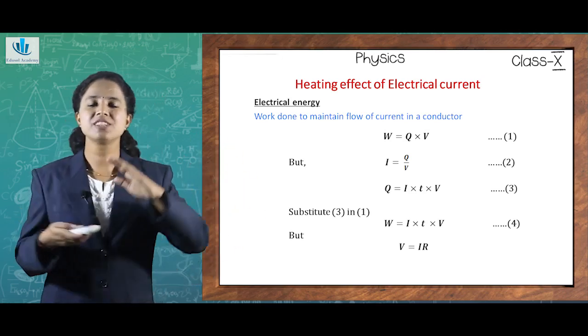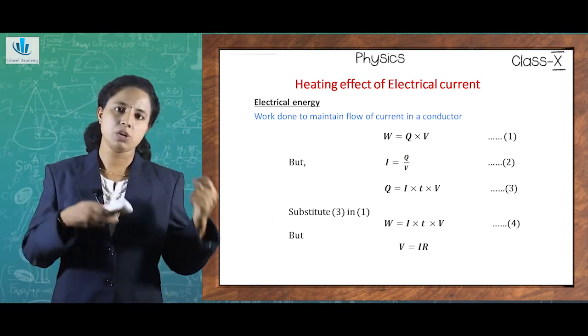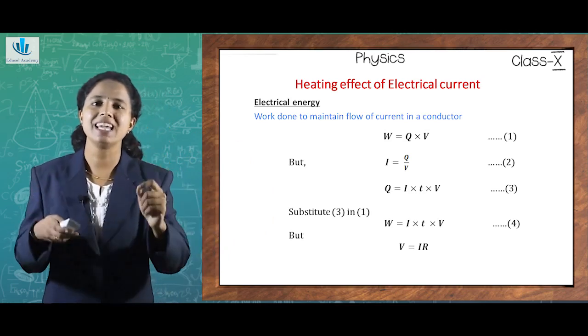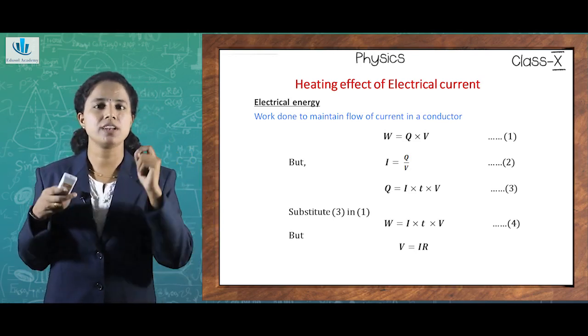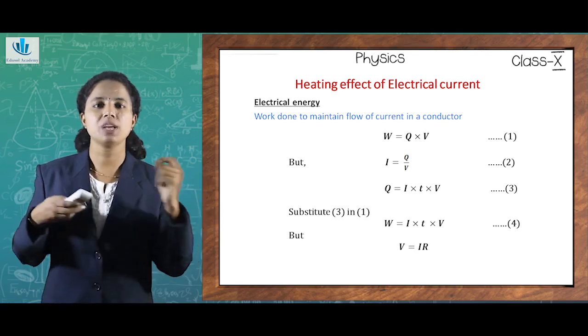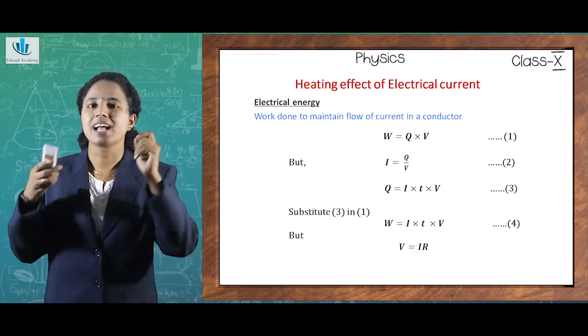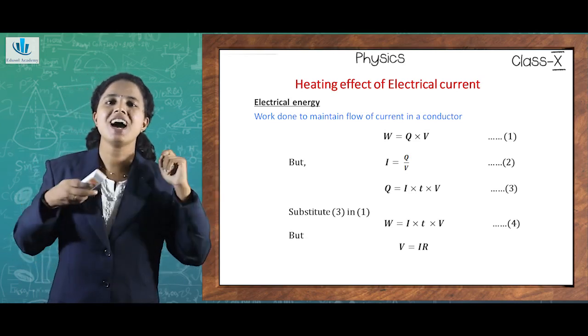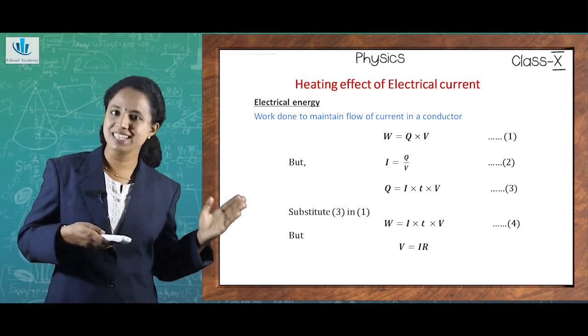So, W equals Q times V. From the general equation, I equals Q by T. If I am asking you the main equation connecting Q, T and I, you would say current is the rate of flow of charge per unit time. So, I equals Q by T.